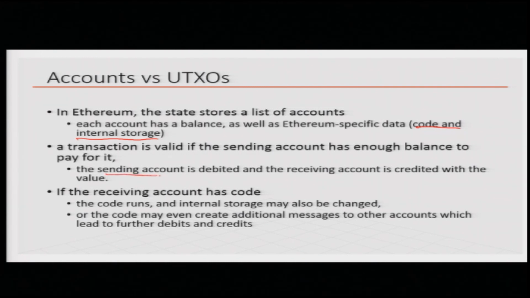The only thing that happens is that the sending account is debited and the receiving account is credited with the value. If the receiving account has code, then it might do something else after it receives the ether, depending on what function was called to send the ether, and it may run the code, and there may be some state change also.